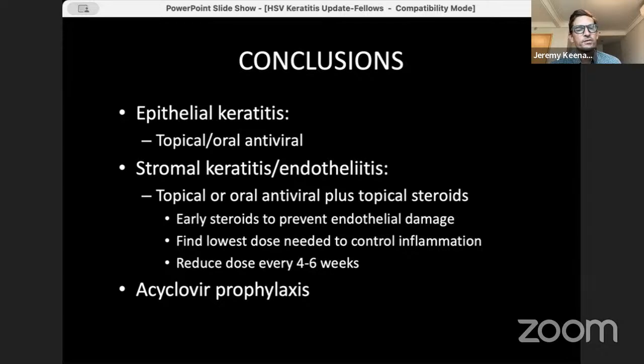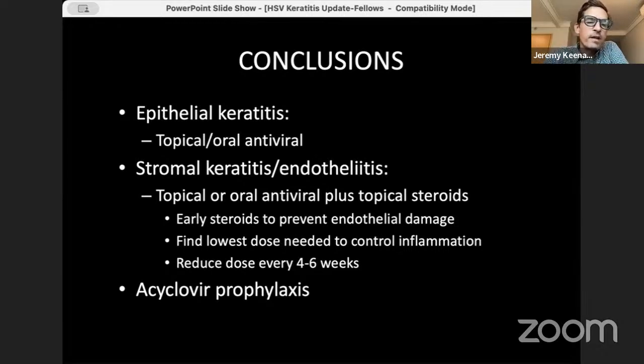We want to use steroids early so that we're preventing endothelial damage and scarring in the stroma. We want to find the lowest dose needed to control the inflammation, and we want to go very slowly when we reduce our steroid, to reduce any potential side effects.